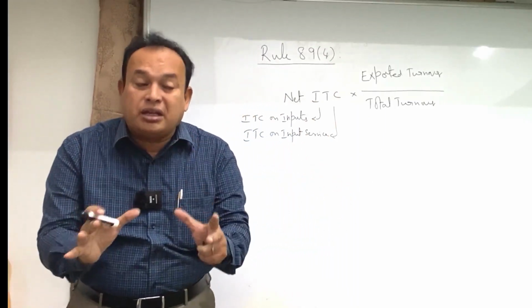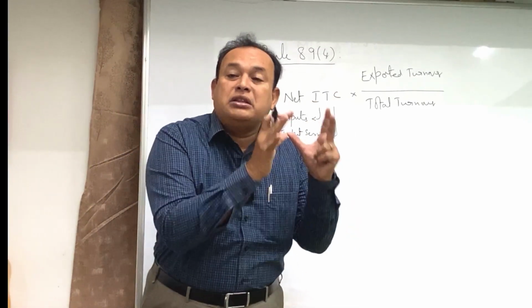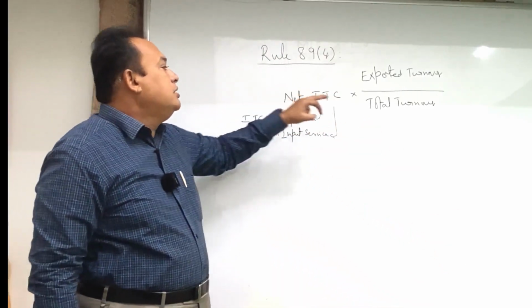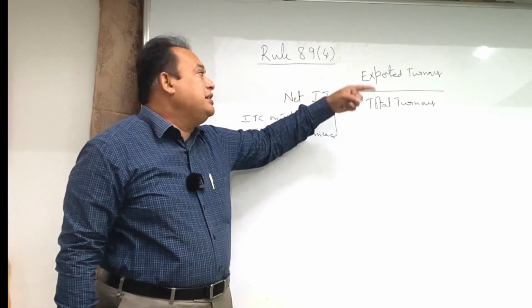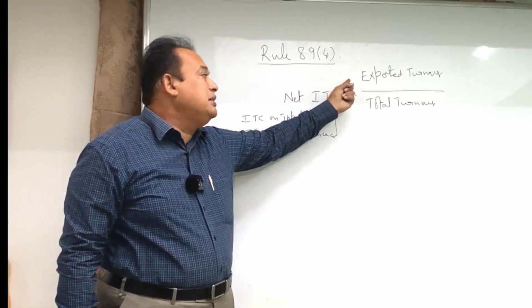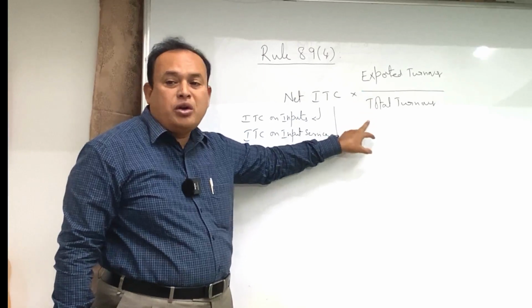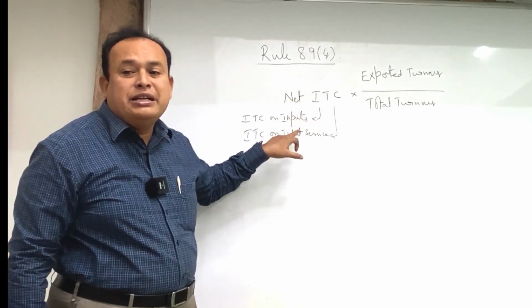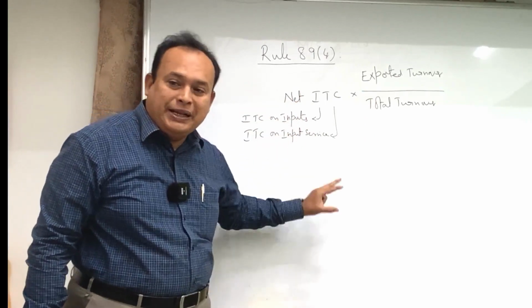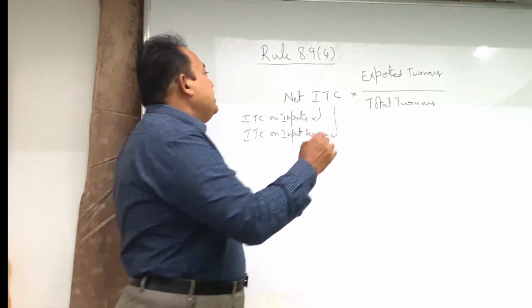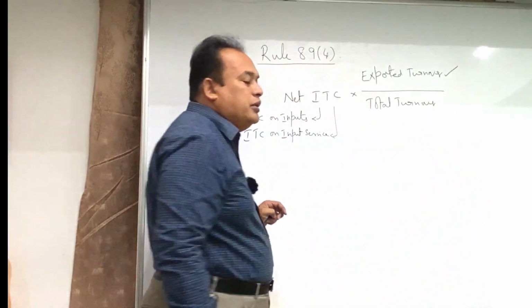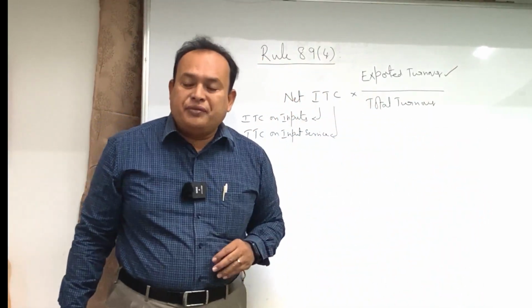For that quarter or that particular month, the period for which you are going to claim the refund, that export turnover divided by the total turnover of that quarter or that month, as the case may be. The net input tax credit on inputs and input services for that tax period attributable to export turnover, you are eligible to claim as refund.